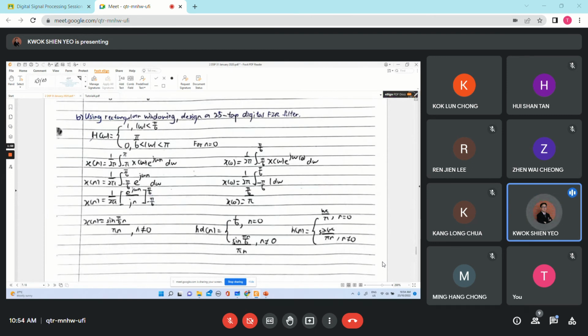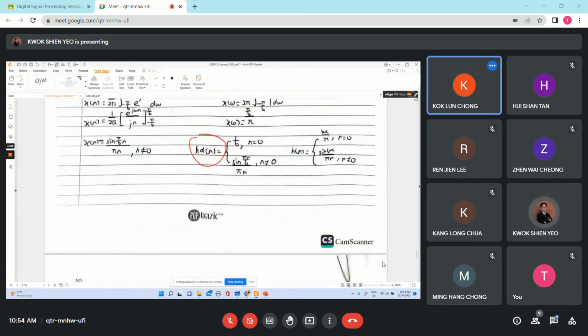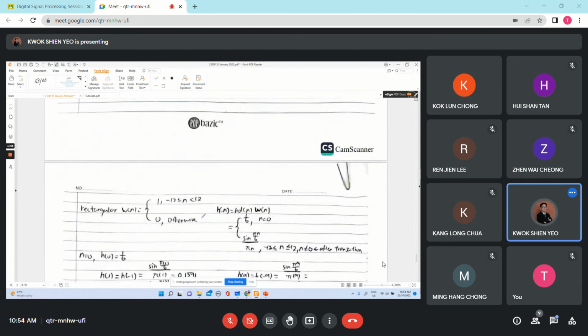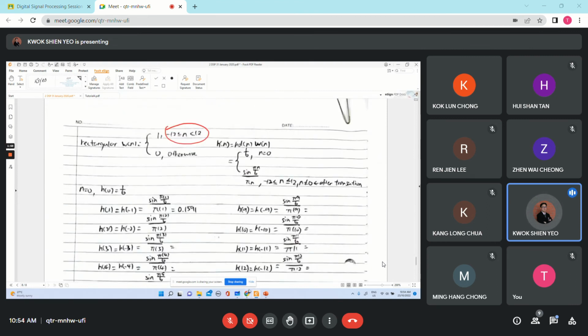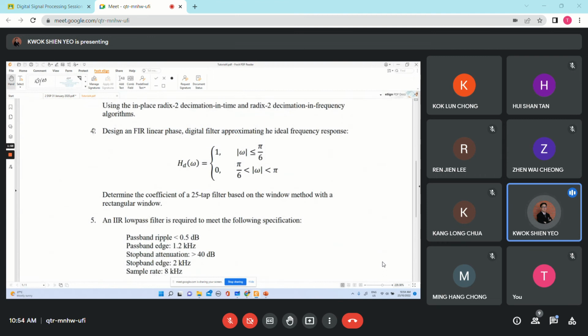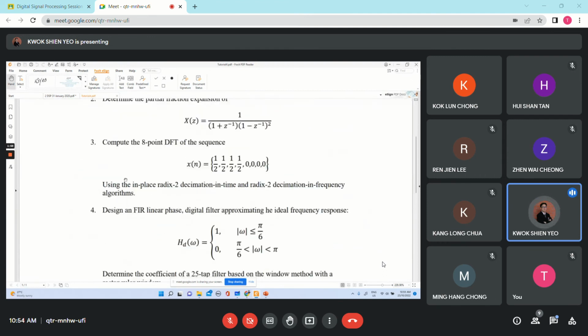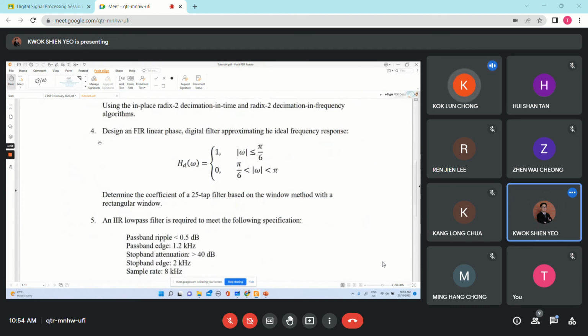Actually, you don't need to do this because I already give you the answer. Then rectangular from -12 to 12, correct? Whether correct or not, look at the answer for tutorial 4, question 4.